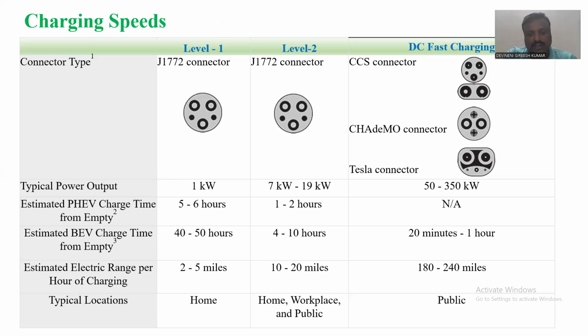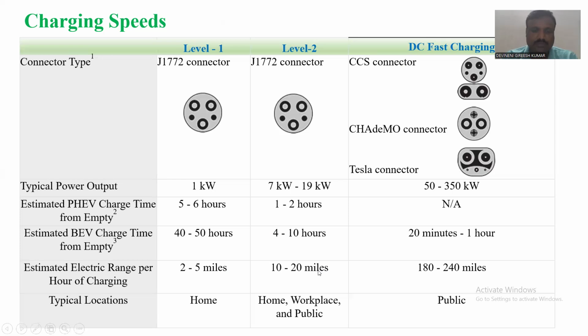If it is 10 into 20, it is 200 miles it will go for a full charge of about 20 hours with this level 2 charger. Now for DC fast charging, in 1 hour it gives nearly 240 miles of range. As we see, the power ratings decide the range and the time of charging.